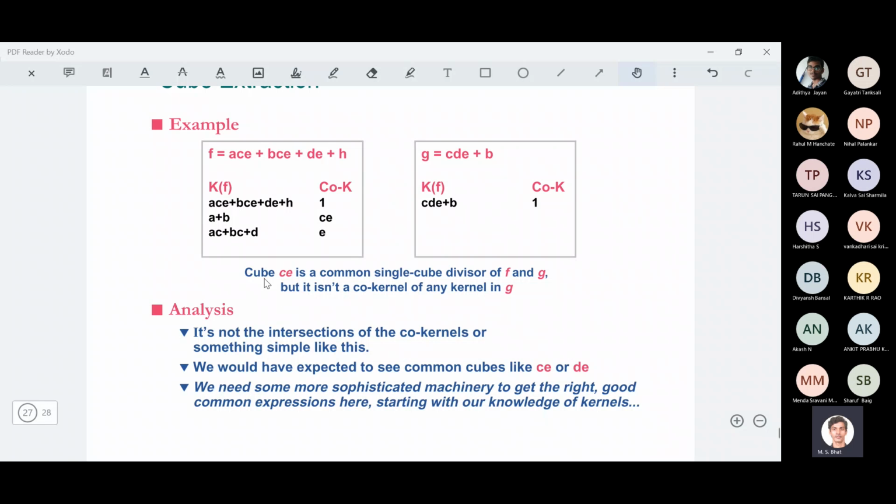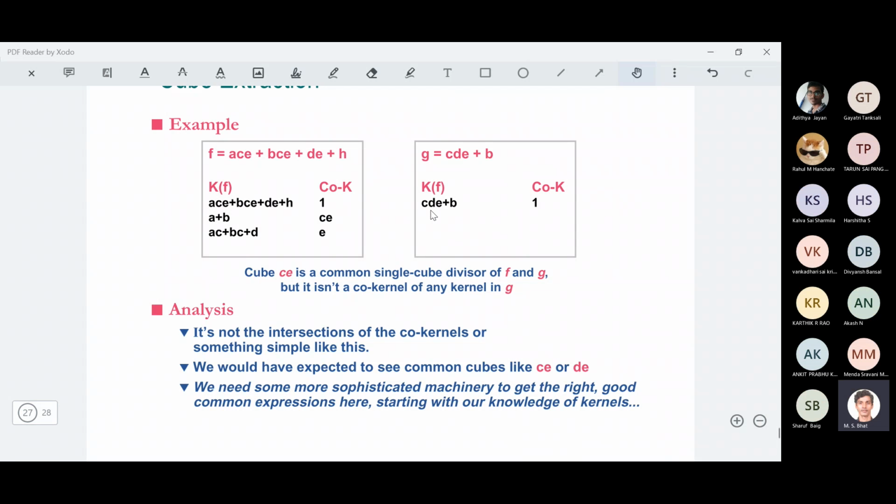The idea here is, if you look at cube CE, CE is a common single cube divisor of F and G. CE divides F and you get A plus B as a kernel. Here, if you divide G by CE, you get D as the single cube quotient.